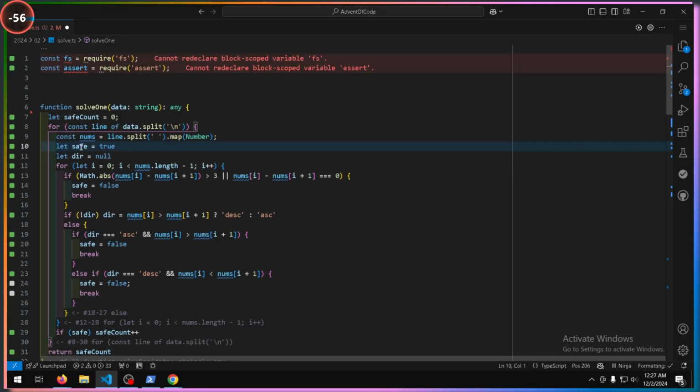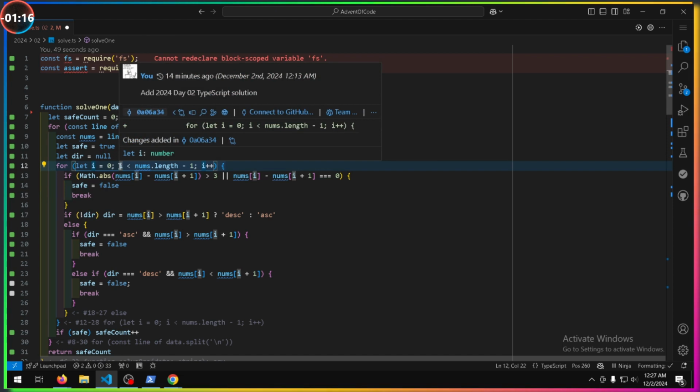Then we start off with the assumption that it is safe, and with a direction of, well, we don't know what direction this is. The first one's going to let us know. And we go through every number pair by going from i = 0 to i < length - 1.